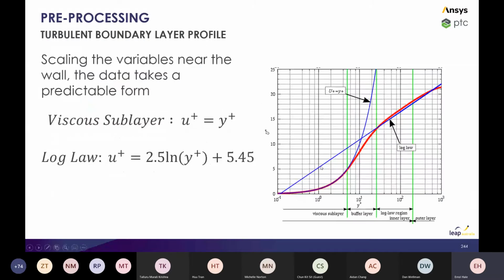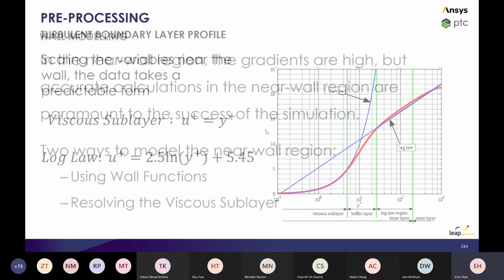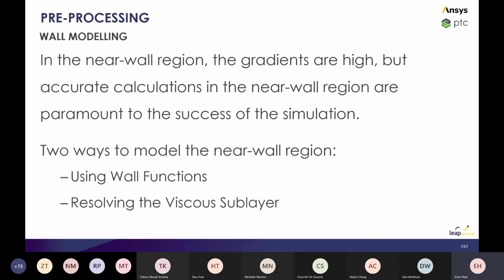That is usually highly turbulent. And then our log law layer is the region within which the velocity is increasing with the log of the distance from the wall. So three quite distinct regions and they need to be picked up in order to get an accurate understanding of adverse pressure gradients and behavior near the wall.